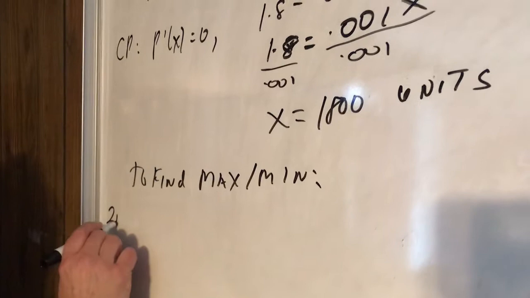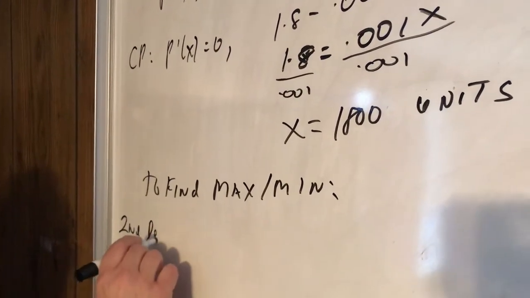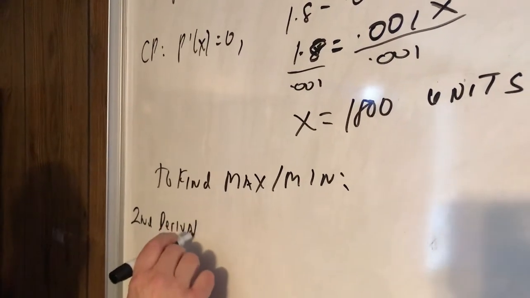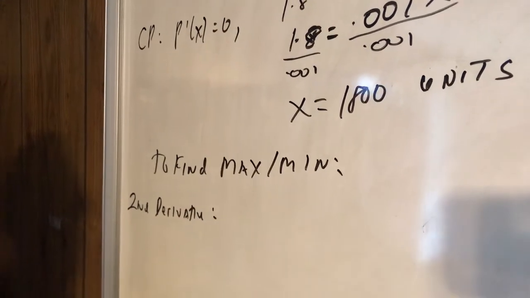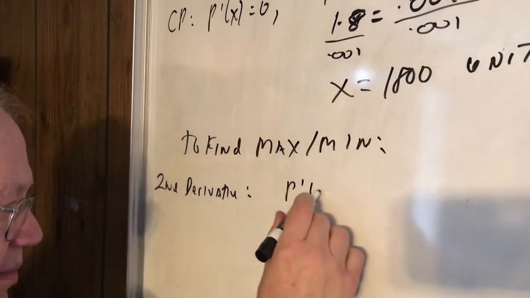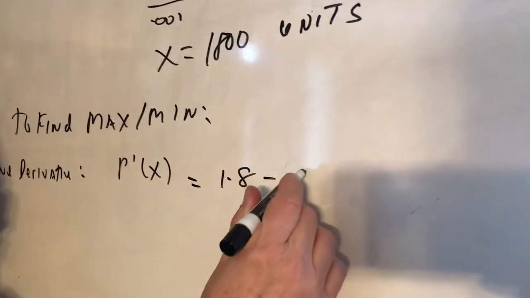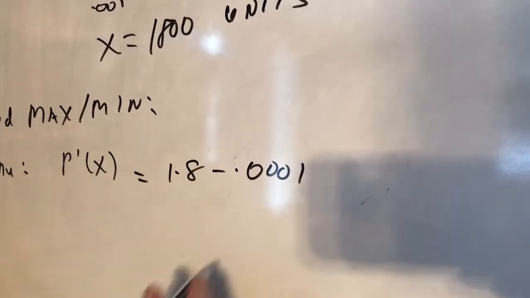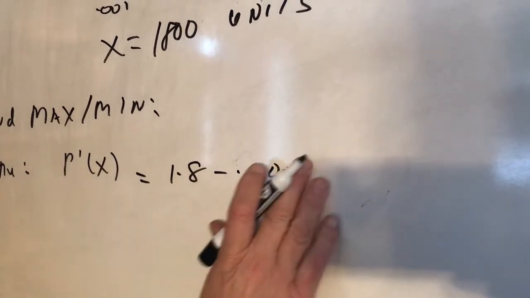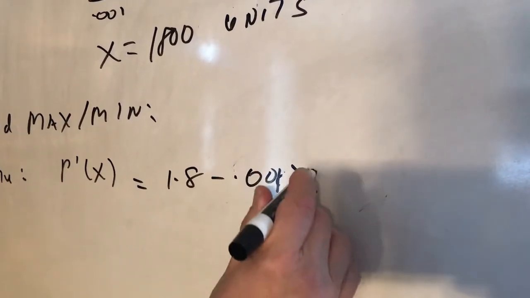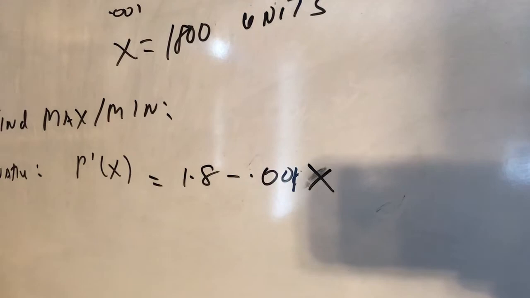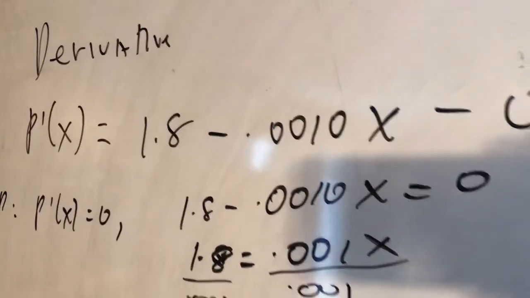So the second derivative is the derivative of the first. The first derivative, P prime x, equals 1.8 minus 0.001x. Let's take the second derivative.